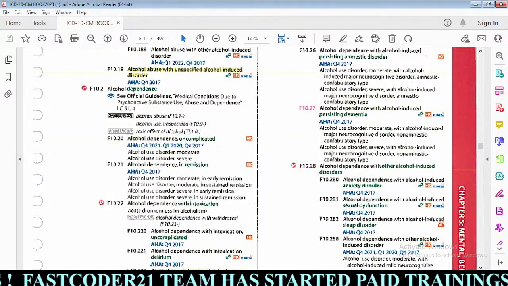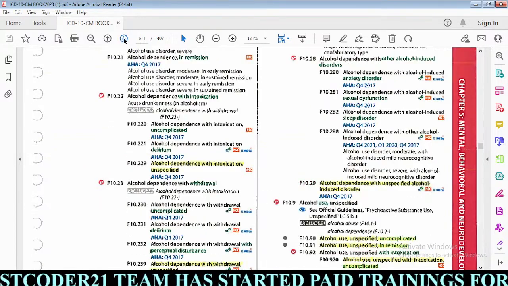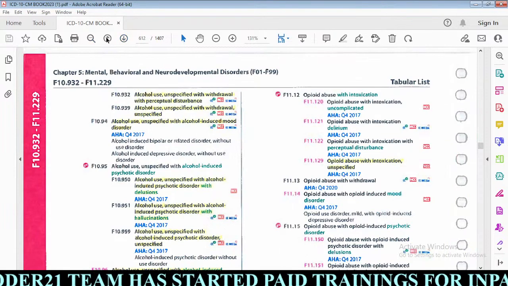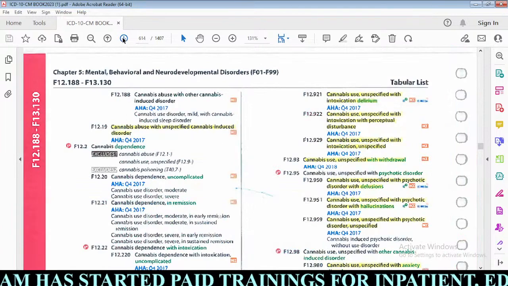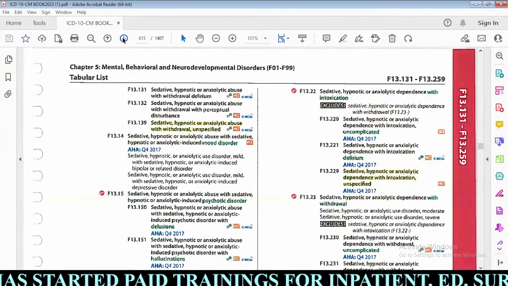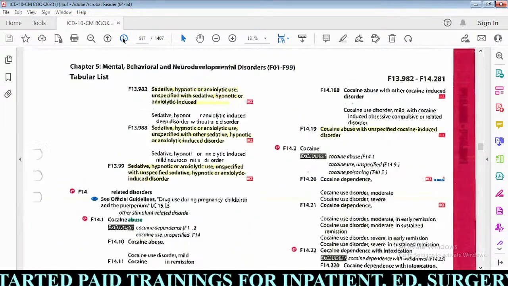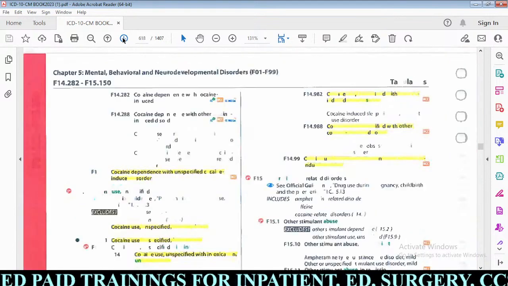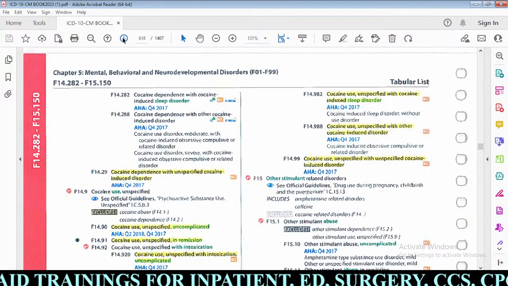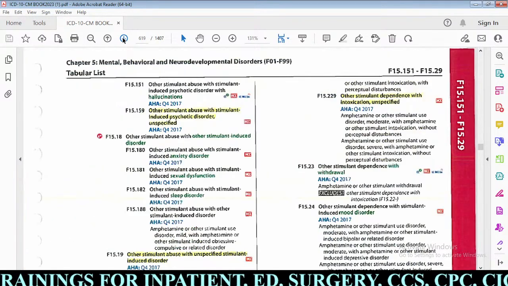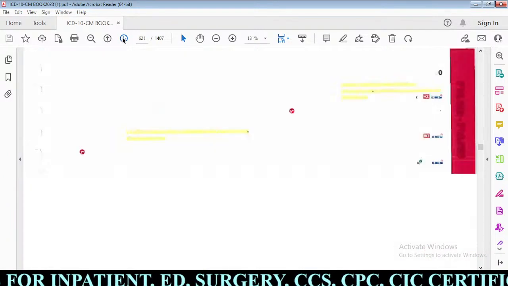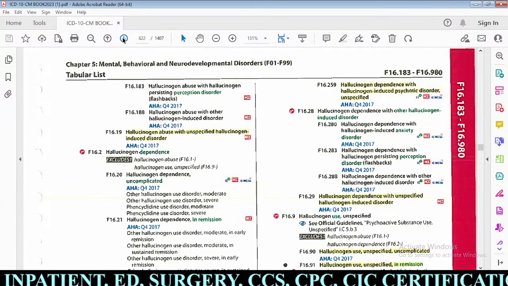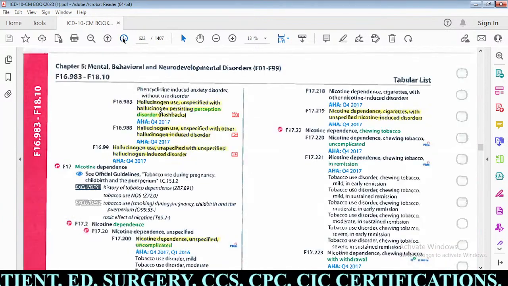So you need to master this. While live coding also, we need to be familiar with our code books. If we are familiar with our code books, we can code properly.